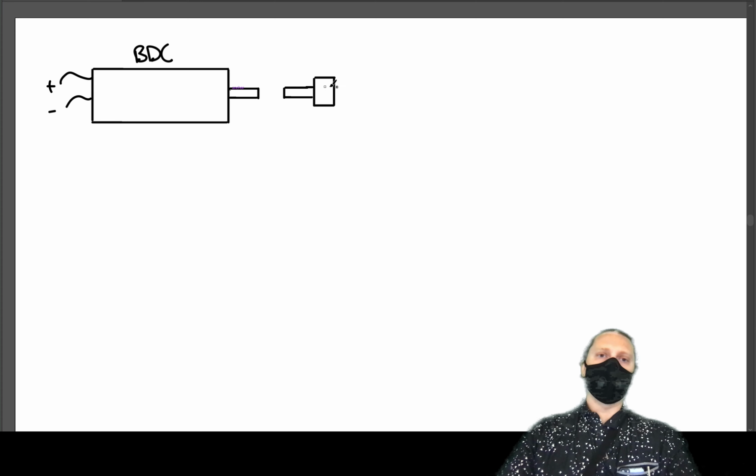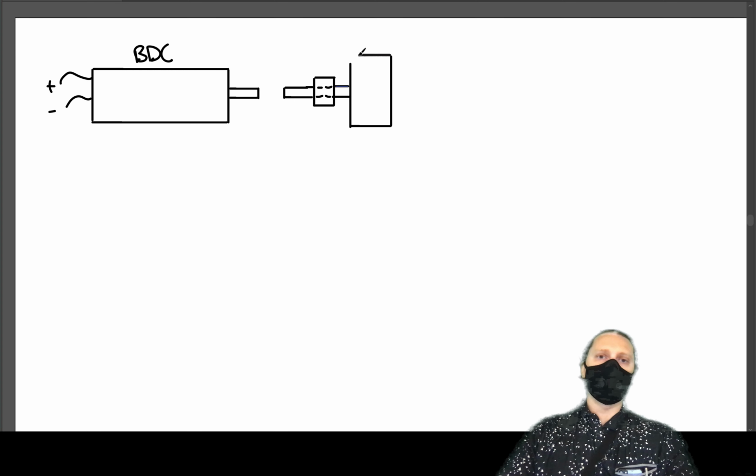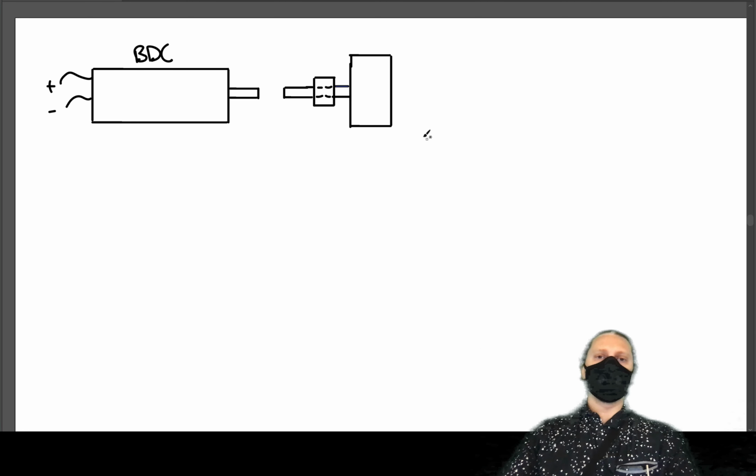We're looking at it from above maybe, so below this it would be supported. And then the shaft goes through the bearing and it's connected to a flywheel. For now, we'll just have it be a flywheel. Maybe later on we'll be able to model this as a gear that's connected to another mechanical subsystem.